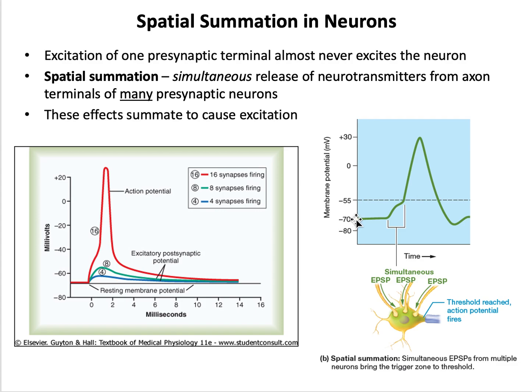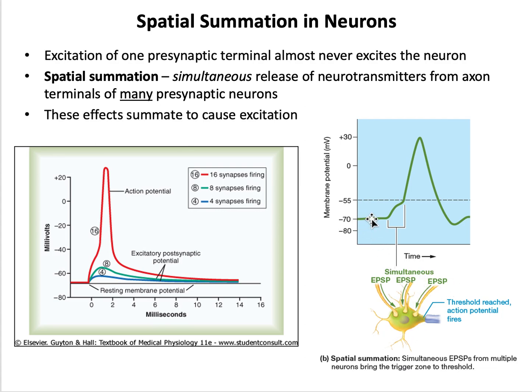So what's happening here, if we look at this graph up here, we have our resting membrane potential, and then all 3 of those presynaptic axon terminals are releasing excitatory neurotransmitter at the same time. And look, we reach threshold, and now our postsynaptic neuron sends an action potential. But say, for example, only one of these presynaptic axon terminals was releasing neurotransmitter, and these other two weren't.